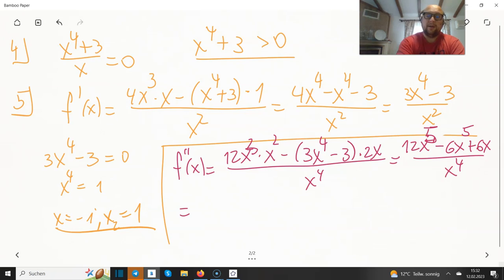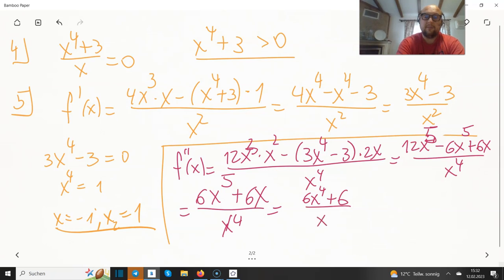So we can combine it, it's 6x to the power of 5 plus 6x divided over x to the power of 4, and now we can cancel 1x at least, because we know that x is not allowed to be 0. Anyway, so we got 6x to the power of 4 plus 6 just divided by x cubed.